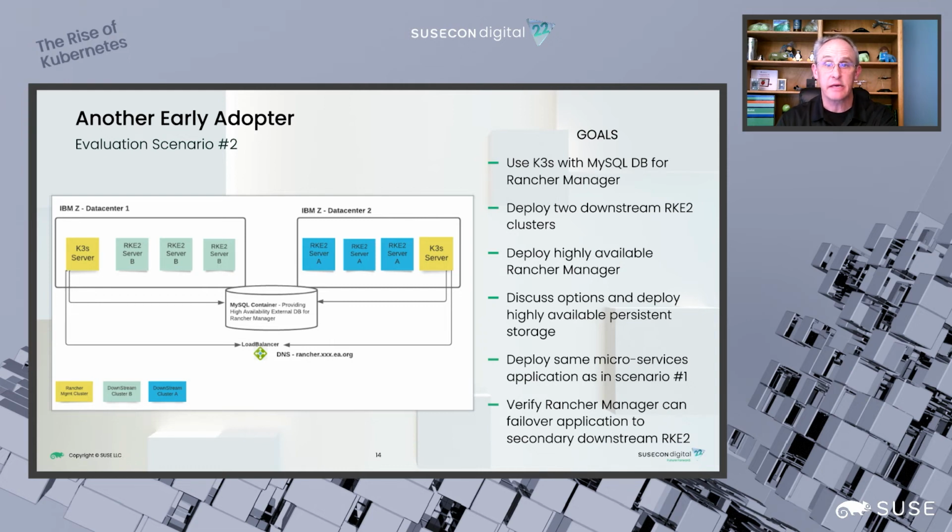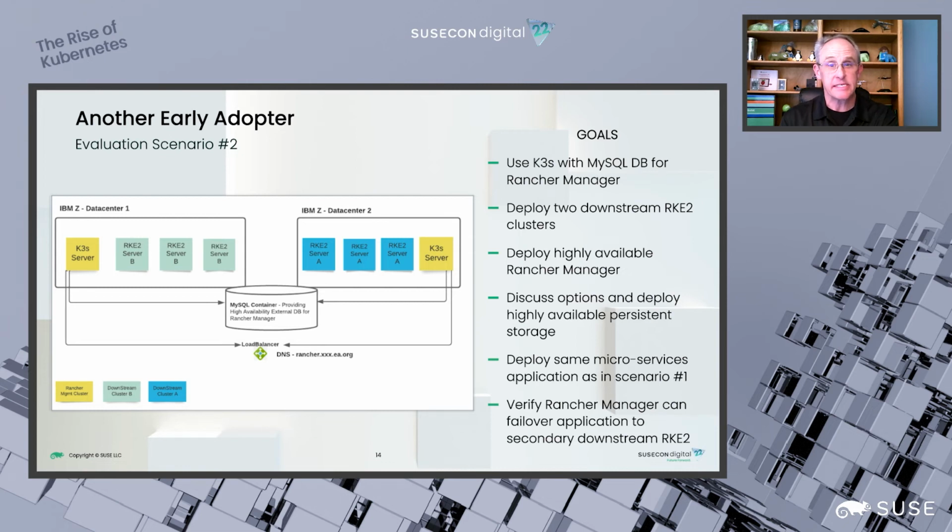This evaluation scenario is a little more complicated. Not too much, but this is where K3s came into the picture, and this customer wanted a highly available setup. And this is where we thought K3s using a MySQL container for Rancher Manager would provide a highly available setup of the Kubernetes infrastructure spread across multiple data centers.